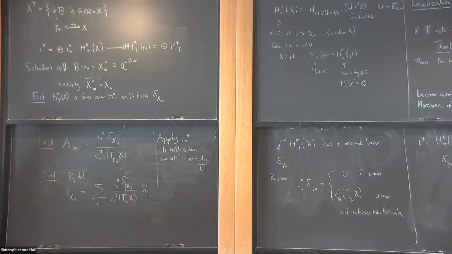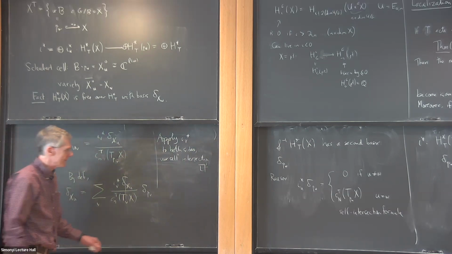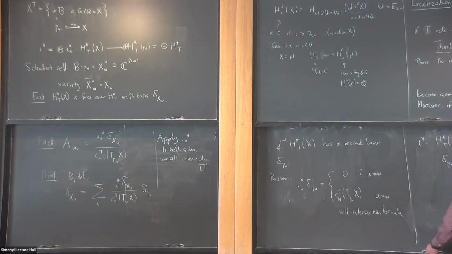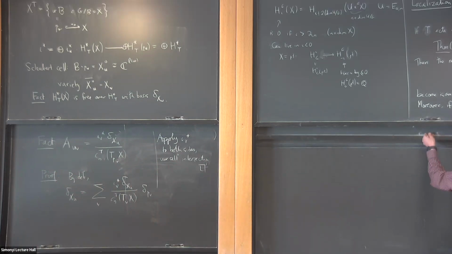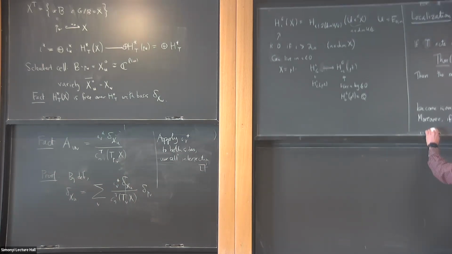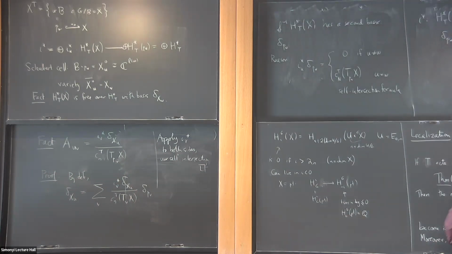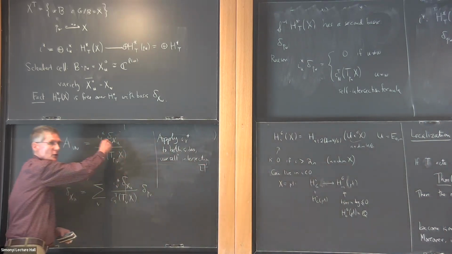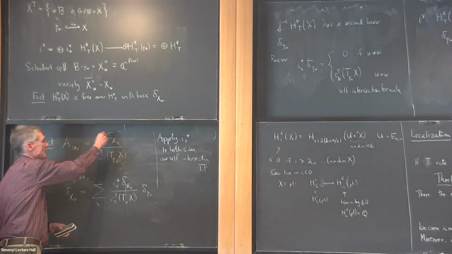Okay. Well, now I'm going to tell you, as I said, I realized that I can do so much with localization. The next thing is that we have now reduced the problem of Schubert calculus, in a sense, to the problem of computing these pullbacks. We have to be able to compute these.